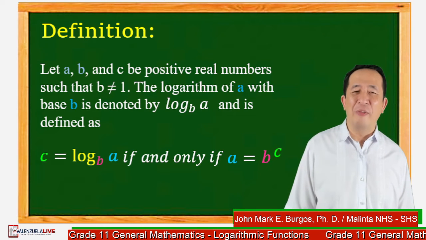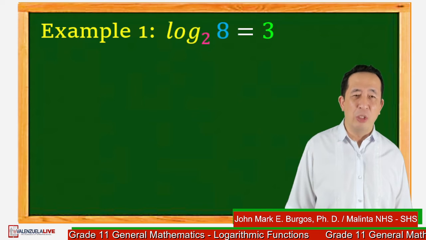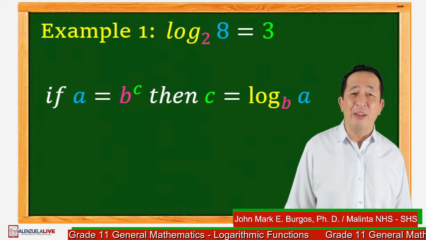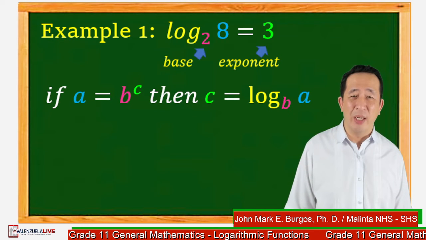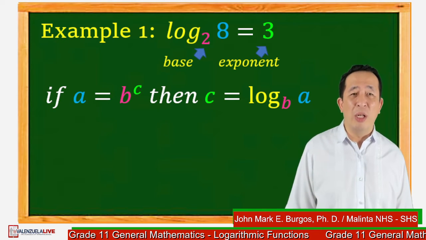Let us have our first example. Logarithm of 8 to the base 2 is equal to 3, in which 2 is the base and 3 is the exponent. If a is equal to b raised to the power of c, then c is equal to log base b of a.